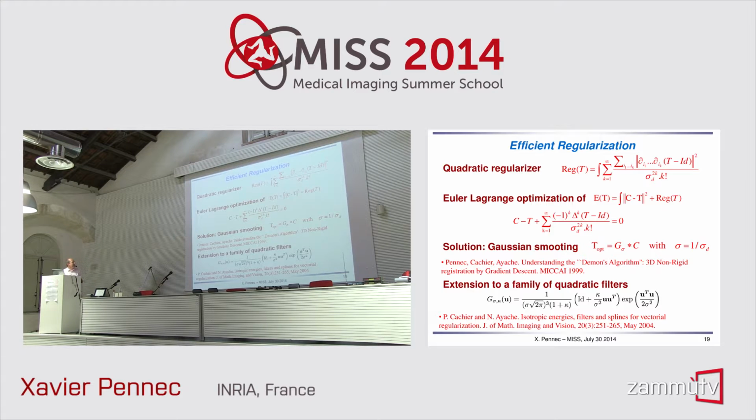So if we extend this idea to vector fields, if we look for all the quadratic filters that are separable, for a scalar image there is just the Gaussian, which is separable and quadratic. But if we go to vector fields, there is a family, and this family is parameterized by kappa here. And this kappa is somehow encoding more or less the compressibility of the material which is behind.